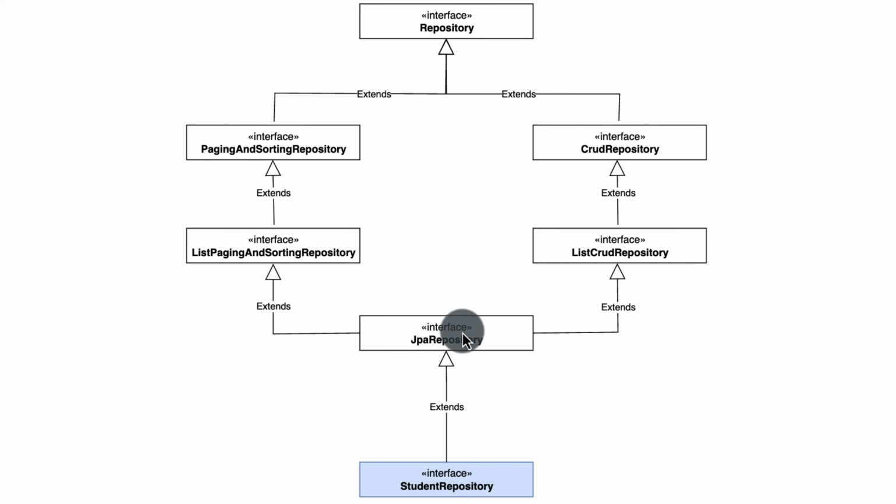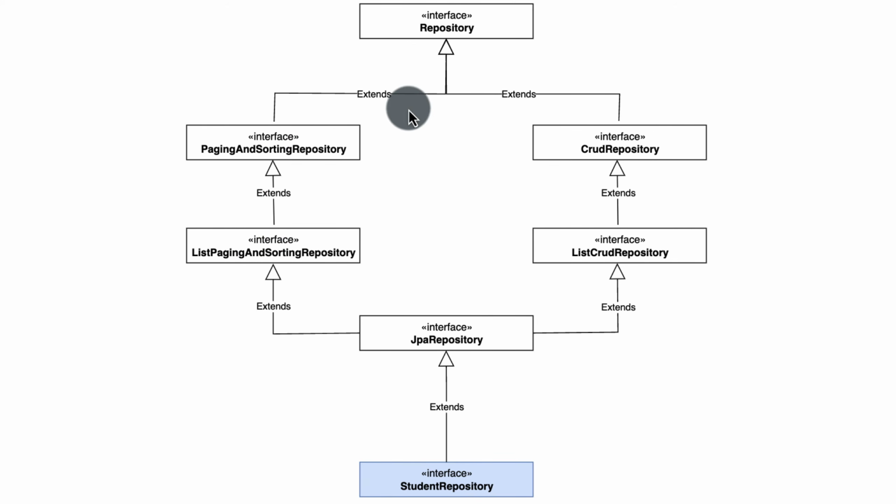But if you don't want paging and sorting, you can directly extend this ListCrudRepository. And also, if you don't want to deal with lists, you can directly extend the CrudRepository. Otherwise, you can extend the ListPagingAndSortingRepository, or the PagingAndSortingRepository if you don't have a list.